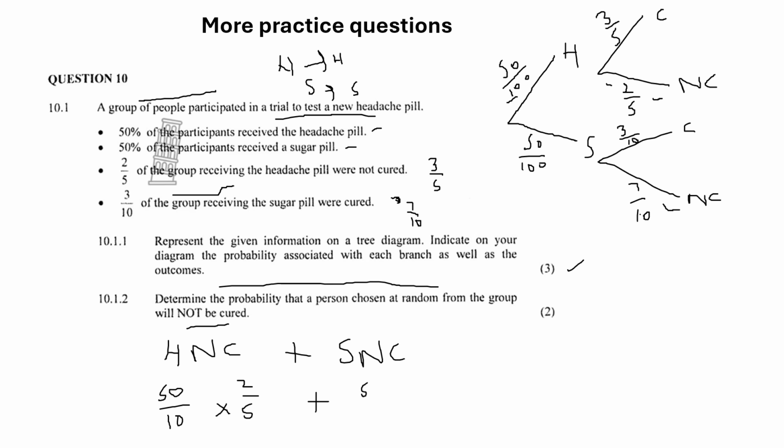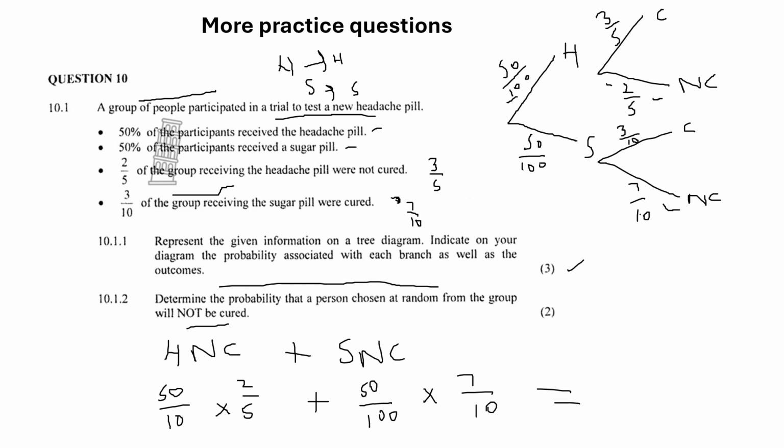Also at the beginning, sugar was 50 over 100, and you multiply that with not cured, which we know is 7 over 10. Then you just add the values. So 50 over 100 times 2 over 5 plus 50 over 100 times 7 over 10.